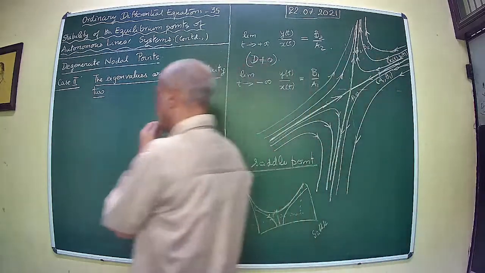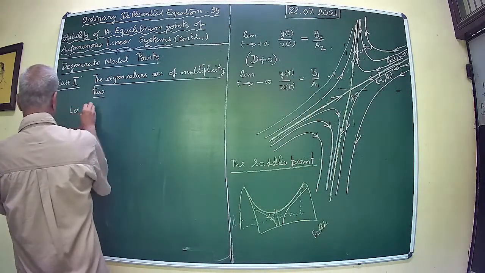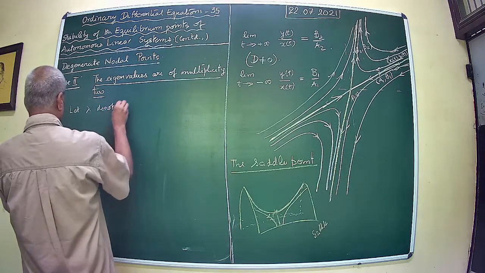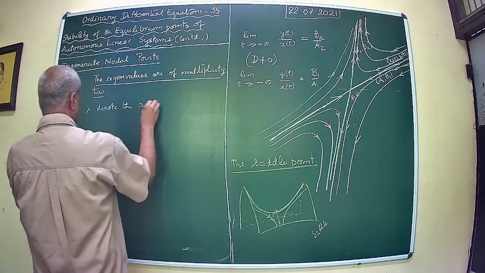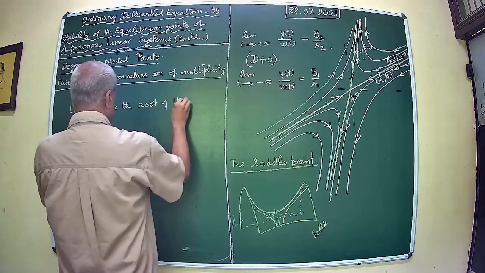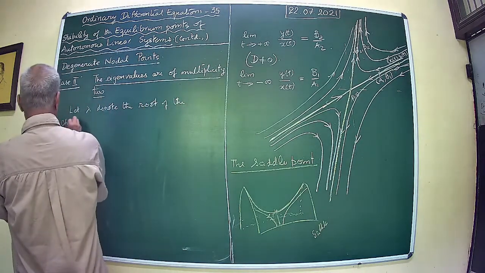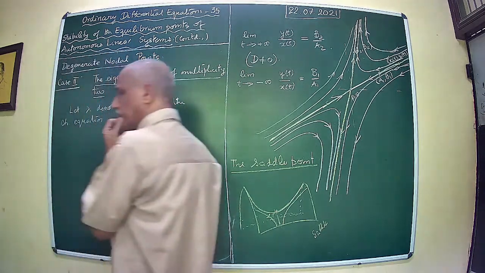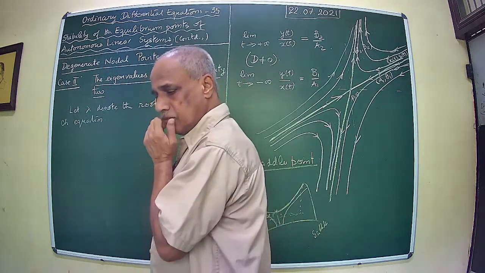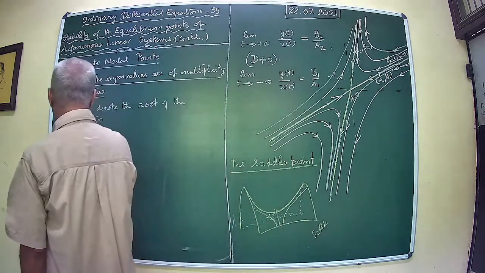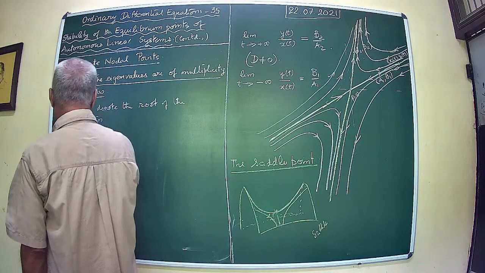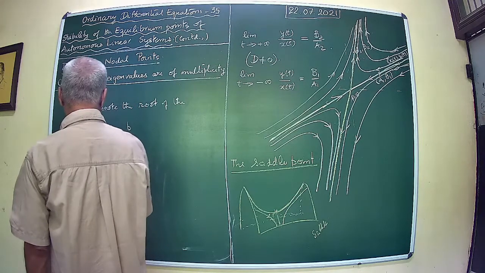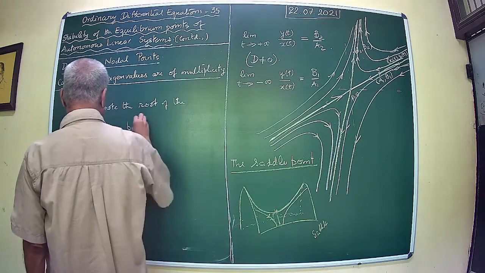So then what you have is this. For that value, we look at the rank of A minus lambda, B, C, D minus lambda.